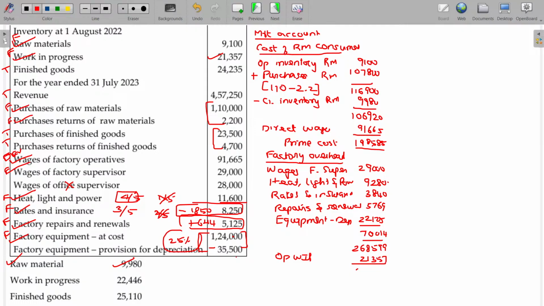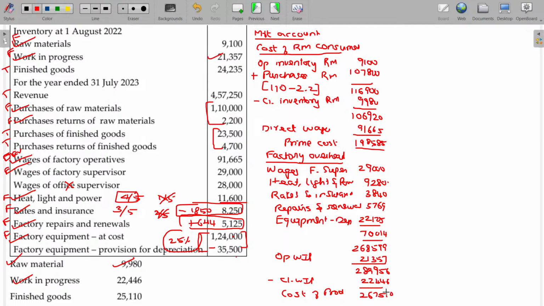Then 2,89,956 minus closing work in progress 22,446. Then ultimately we will be getting cost of production, 2,67,510.